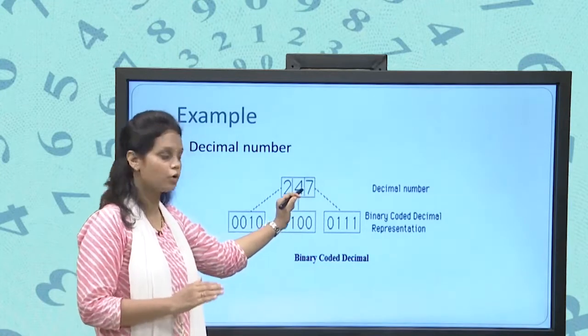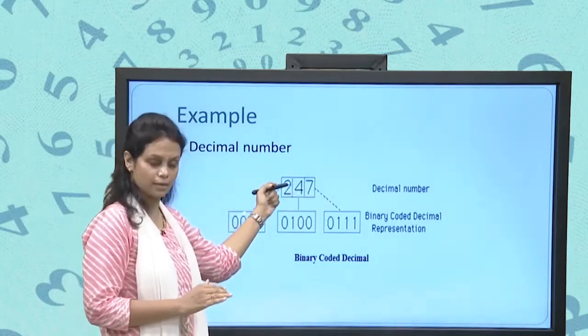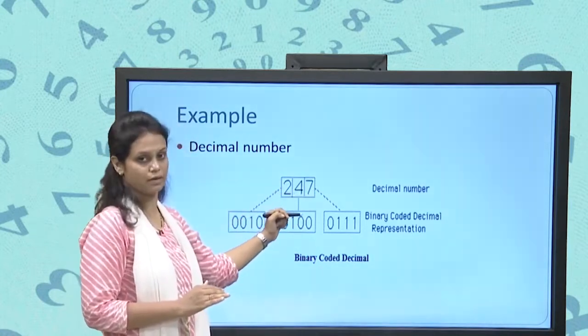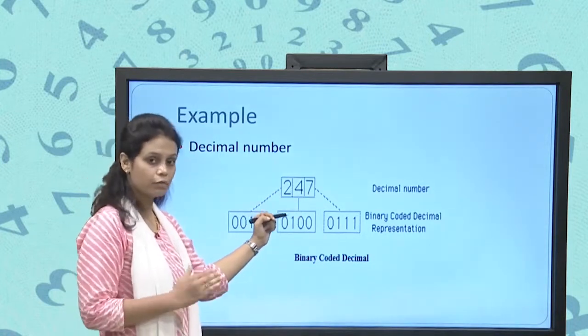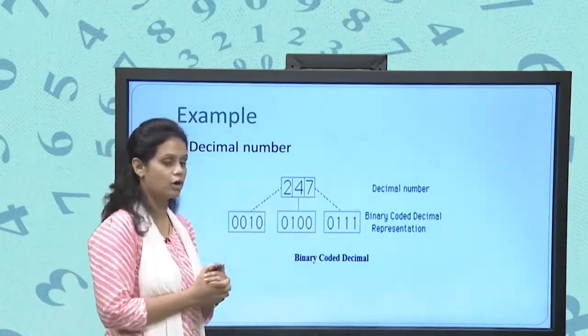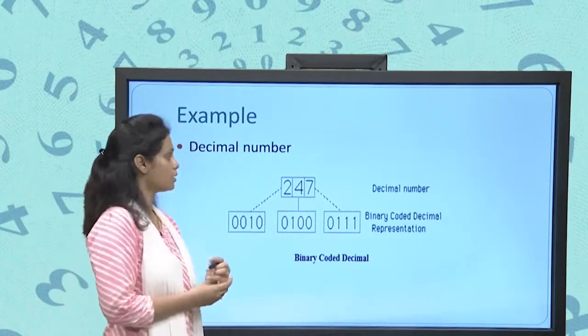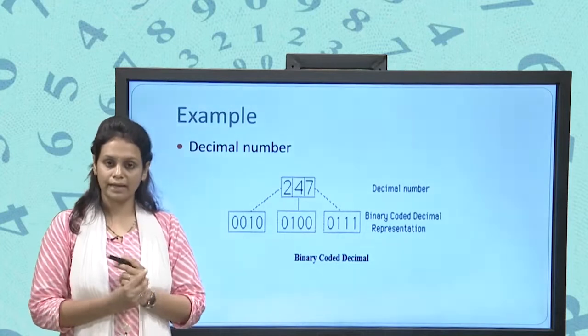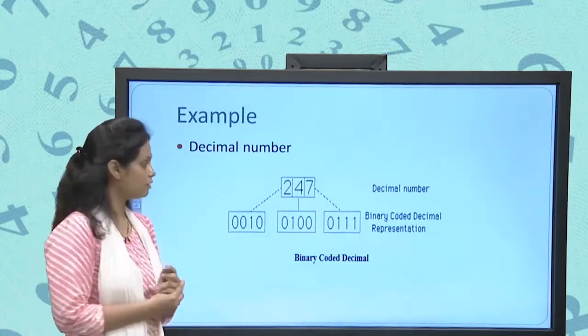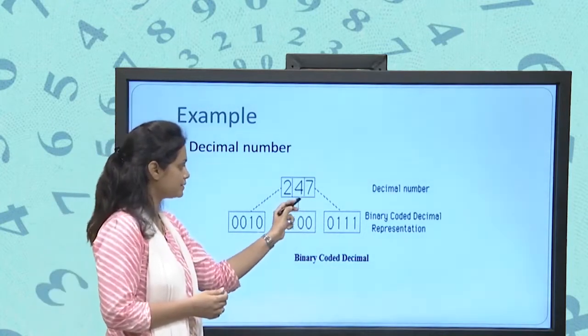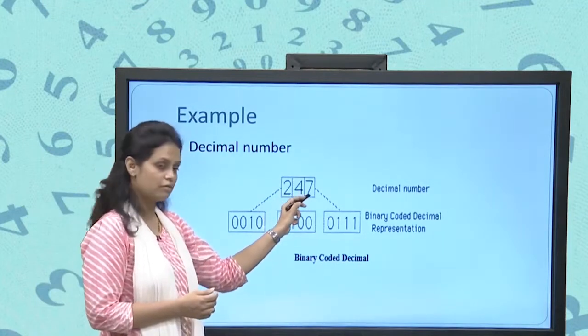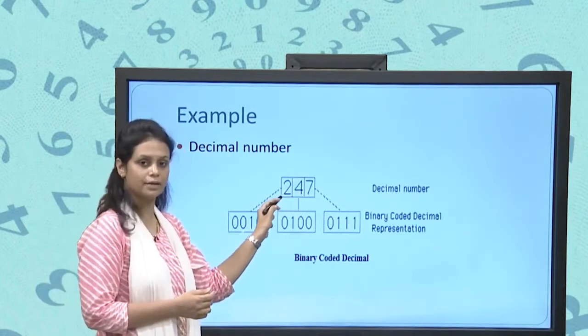Now suppose we want to convert this decimal number to the binary coded decimal representation. How can we convert the decimal number to the binary coded decimal? First of all, we have to separate the digits.